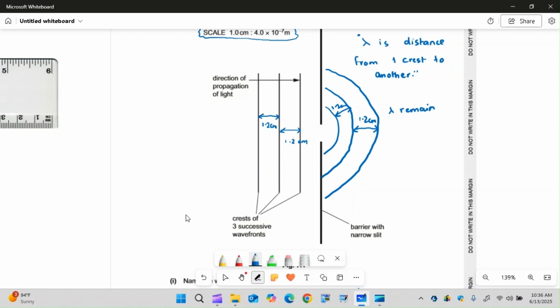So we need to keep it in our mind that when diffraction phenomena occurs, the wavelength remains same. So wavelength is same before and after the diffraction.